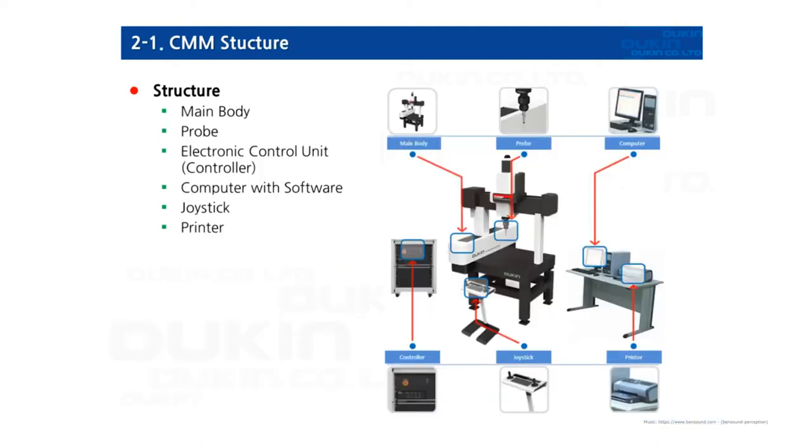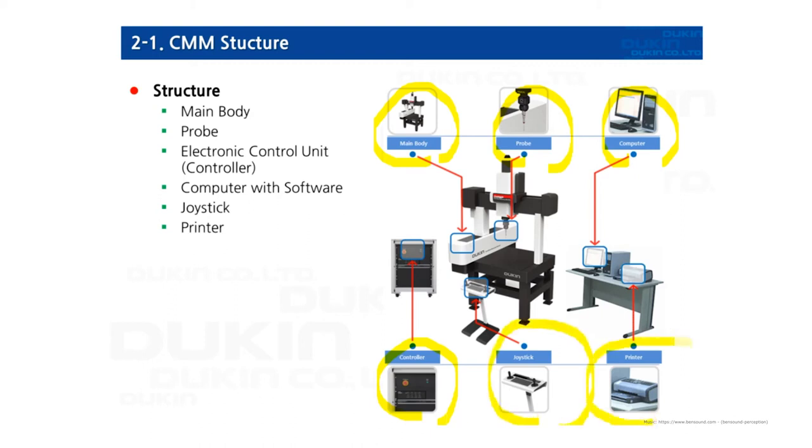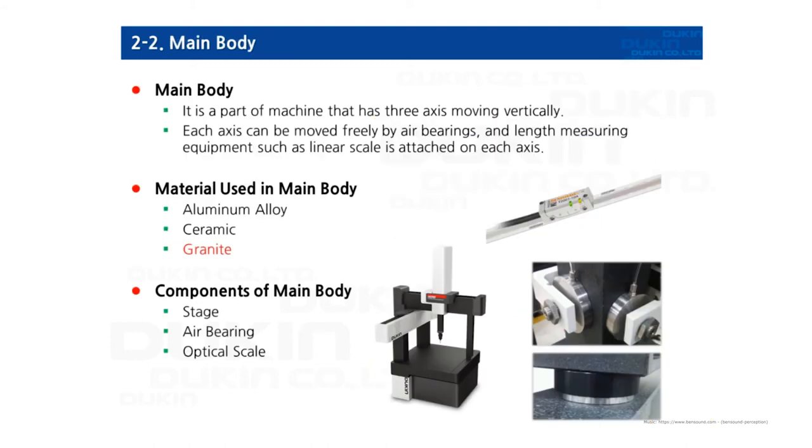Okay, let's look at the CMM construction. It has a main body and the probe, computer, controller, aka electronic control unit, joystick, and printer. First, the main body. We selected granite as the main body material because it has an excellent thermal expansion coefficient.